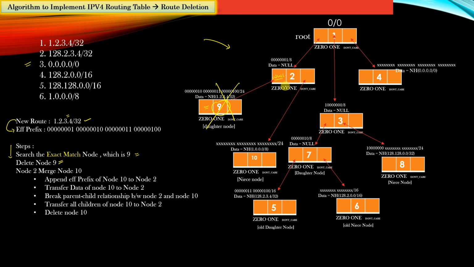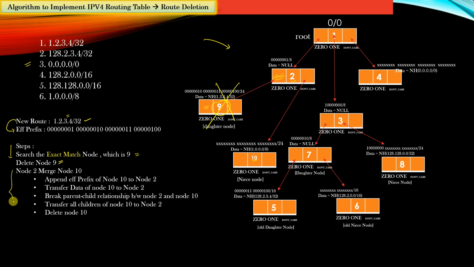It is a node which has exactly one child, and that is now node number 10. So now we need to fix up our mTry such that the node number 2 becomes a full node, that is, a node with exactly 2 children or exactly 0 children. The node number 2 cannot continue to exist as a half node.